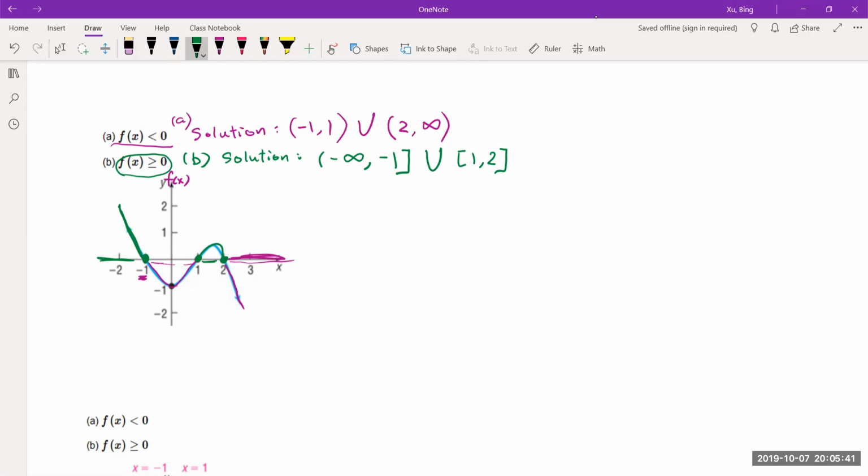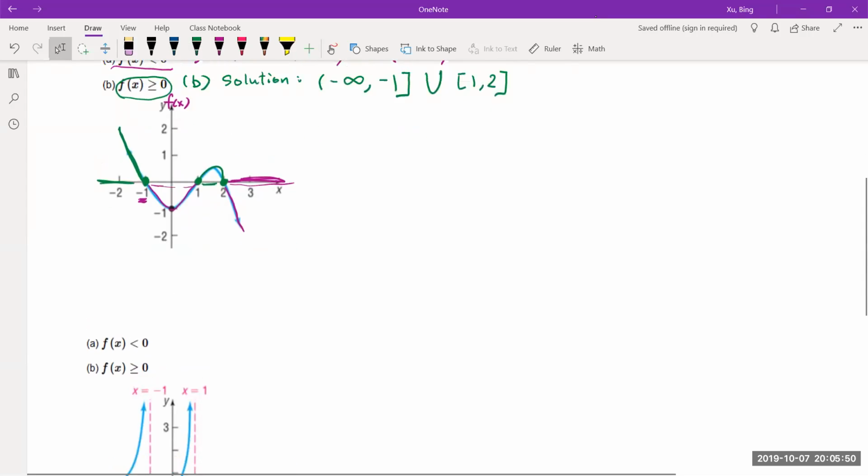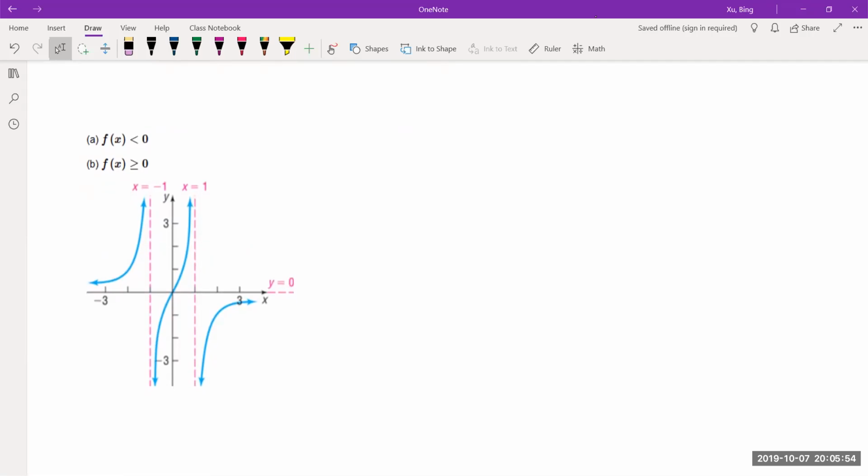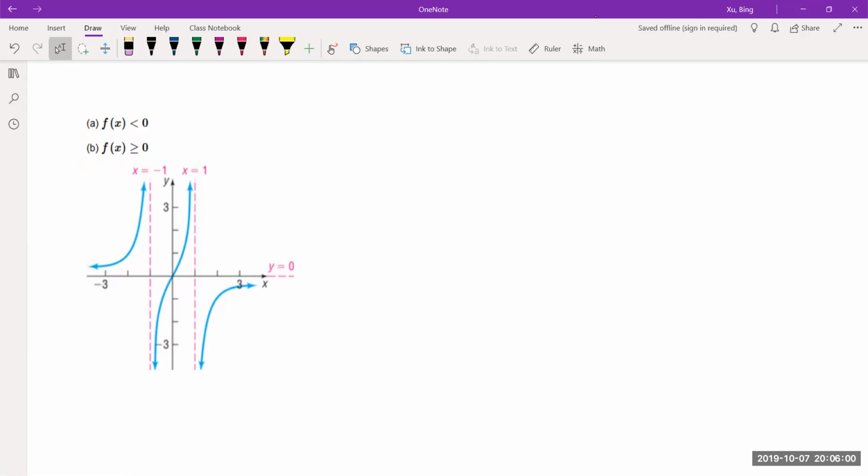So if you're given a graph, it's pretty easy to find the solution. Let's look at another example. This is a graph with a vertical asymptote and a horizontal asymptote. It's pretty much the same. Find a solution where f of x is less than 0.